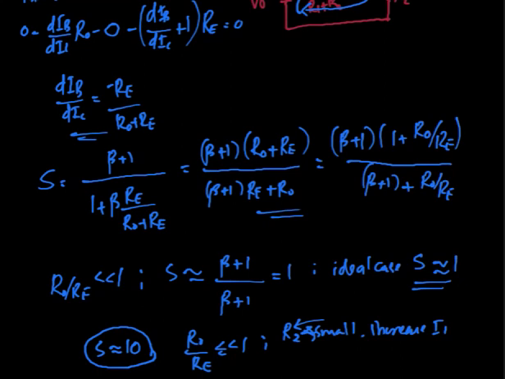Here we will not make RE very high in order to make this factor very much less than 1, because when we make RE very much greater, then the voltage source VCC has to be made very large in order to get a very high input. Otherwise the IC will be small.